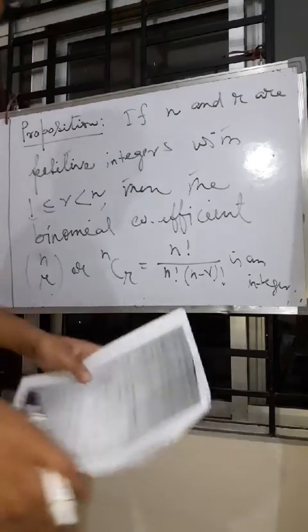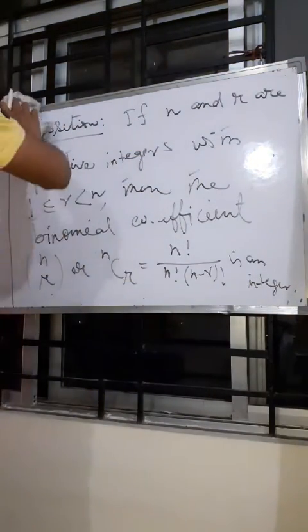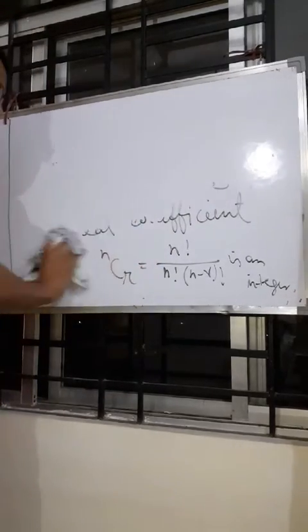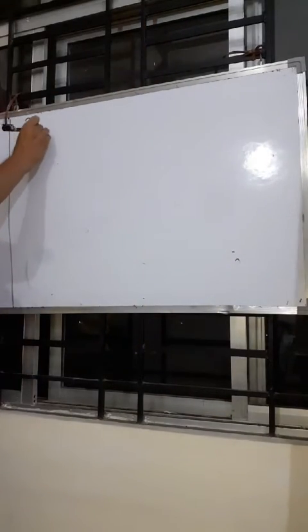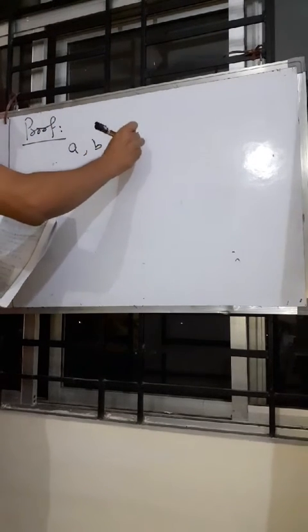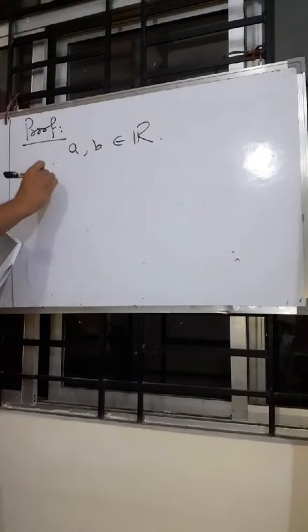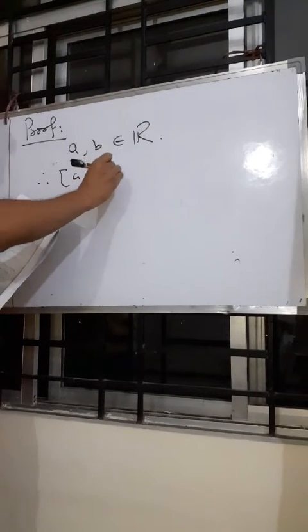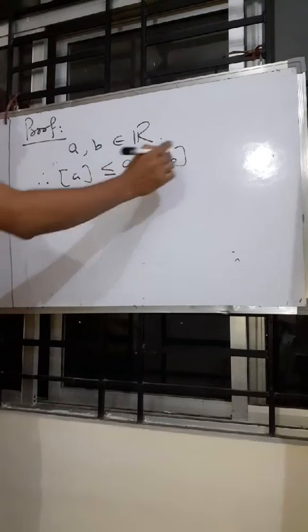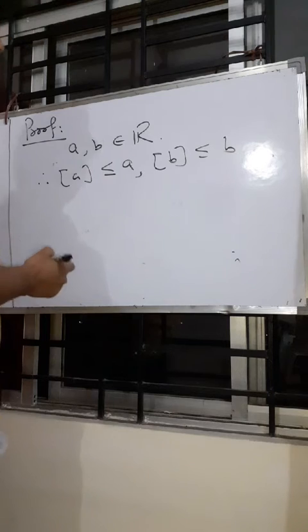Let's prove this. How do I prove this? Proof. Suppose you take a and b belonging to R. Therefore, the greatest integer function of a is less than or equal to a, and the greatest integer function of b is less than or equal to b.